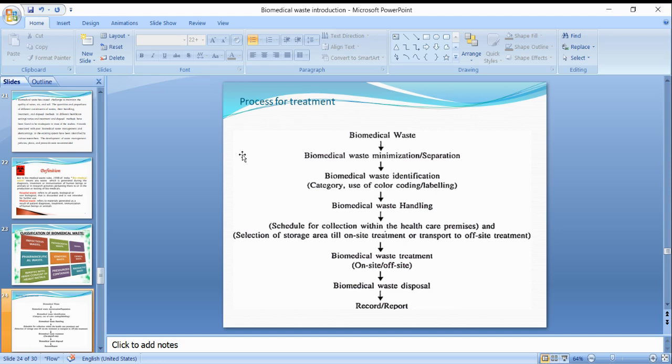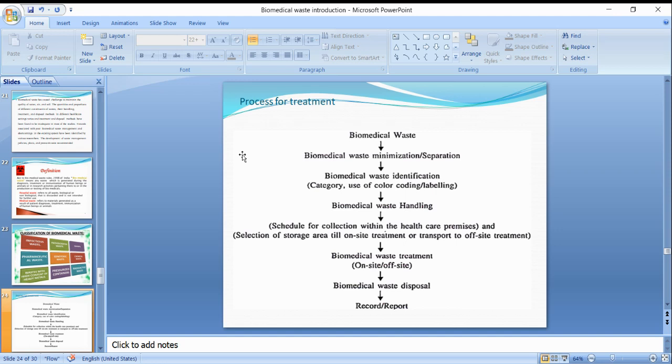Biomedical waste handling is also important, because until transportation it should be maintained in one place. There should be a schedule for collection within the healthcare premises, and selection of a storage area, so it is stored before going to transportation.